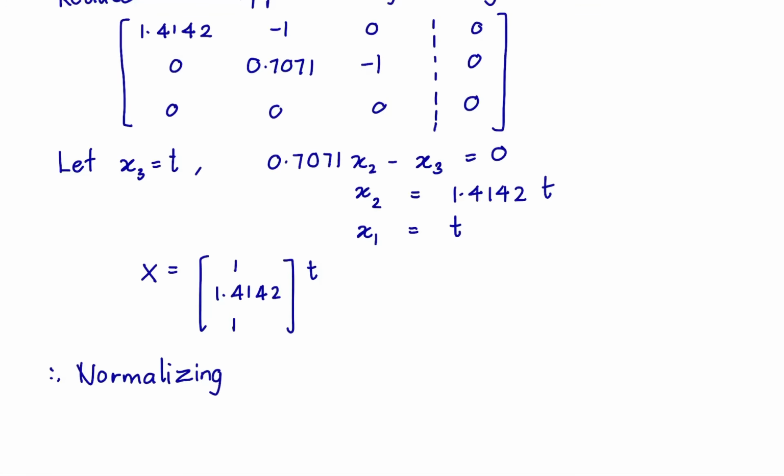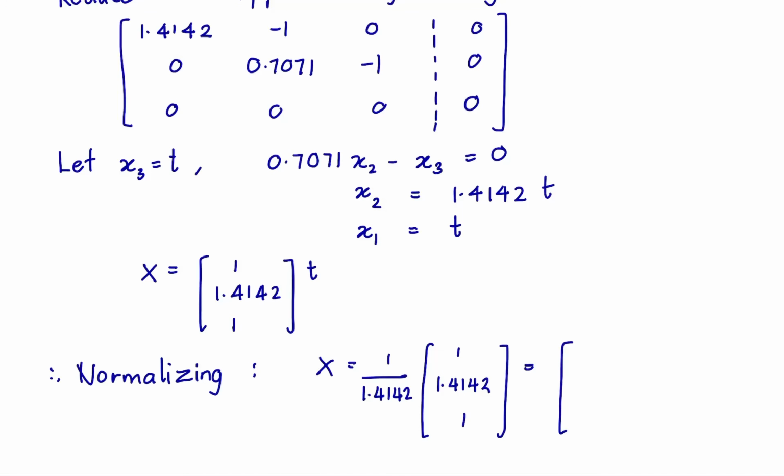So now our x is divided by 1.4142. Therefore, our final eigenvector will be 0.7071, 1, 0.7071. This is the eigenvector which corresponds to lambda equals to 0.5858.